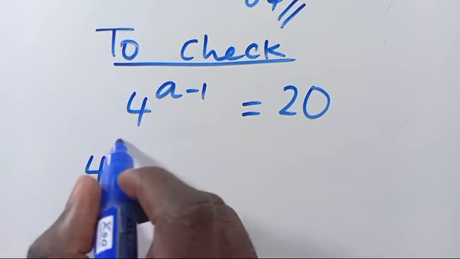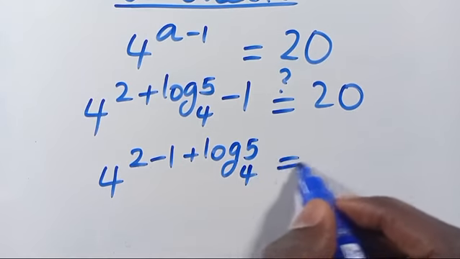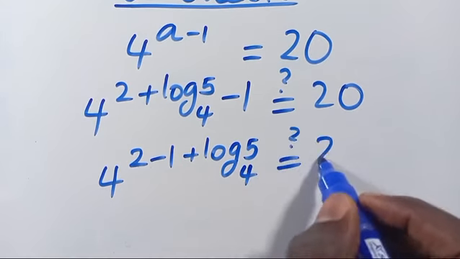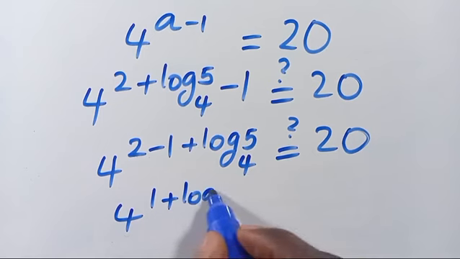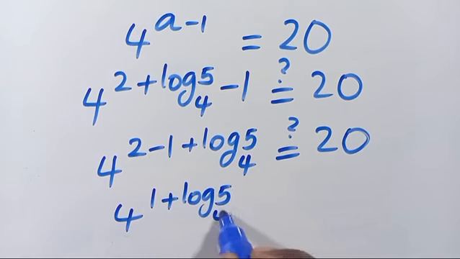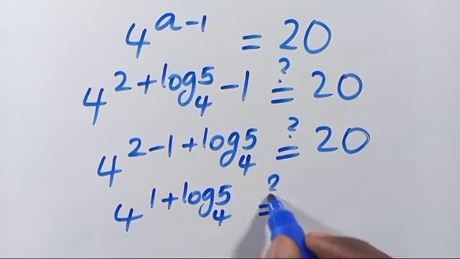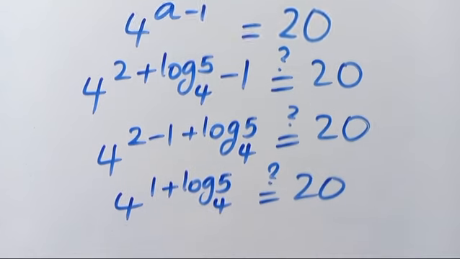So we have 4 to the power of 2 minus 1 plus log 5 in base 4. This is going to give us 20. 2 minus 1 will give us 1 plus log 5 in base 4.